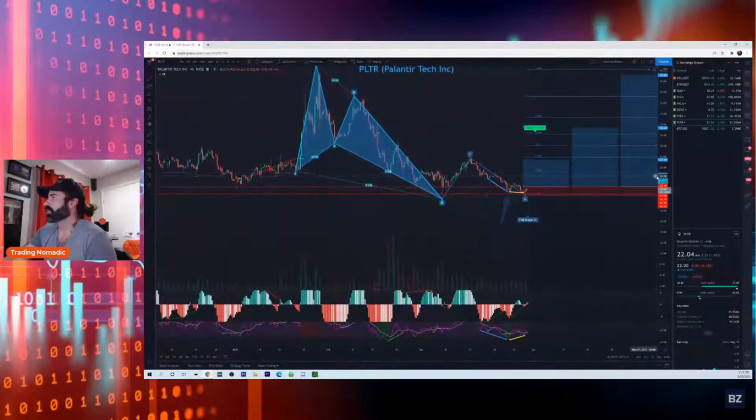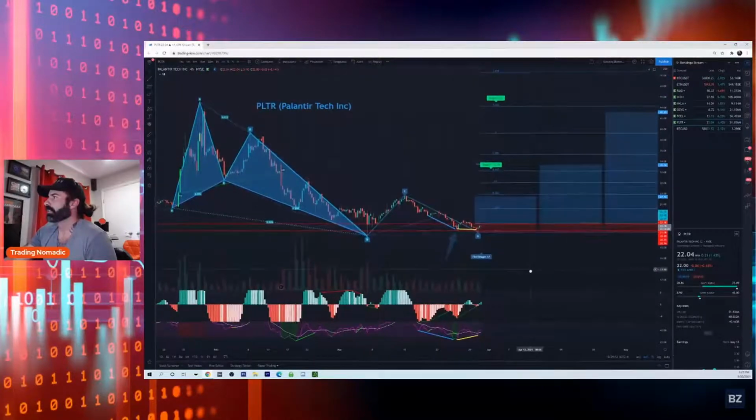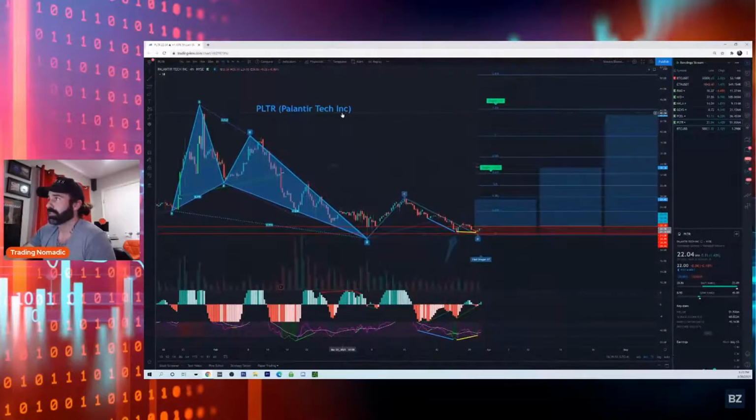I've got these price targets based on Palantir. My price targets on these are based on the candle formations. You see at this C point, we've got a double top. As soon as we hit this point, we got this big bearish engulfing candle coming down.